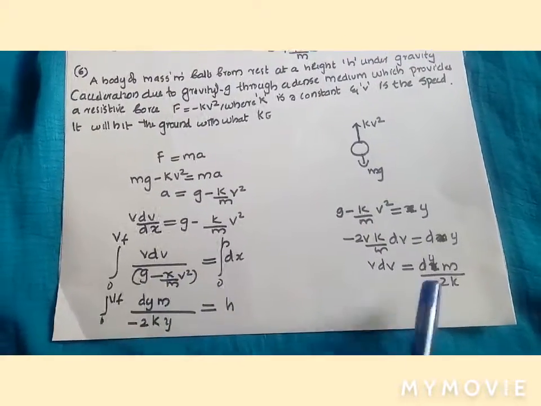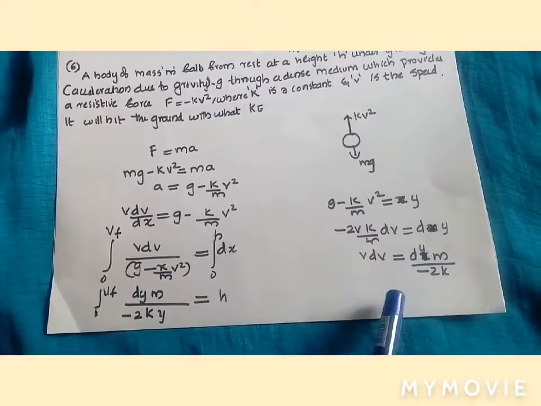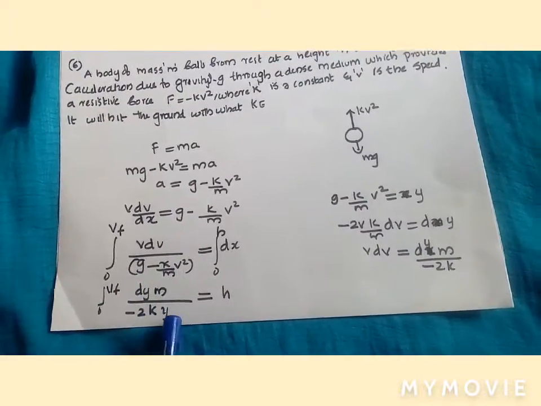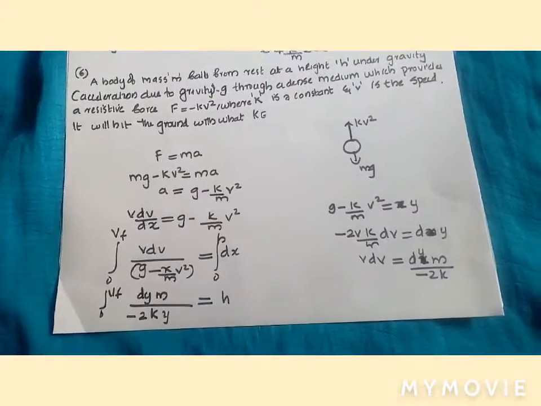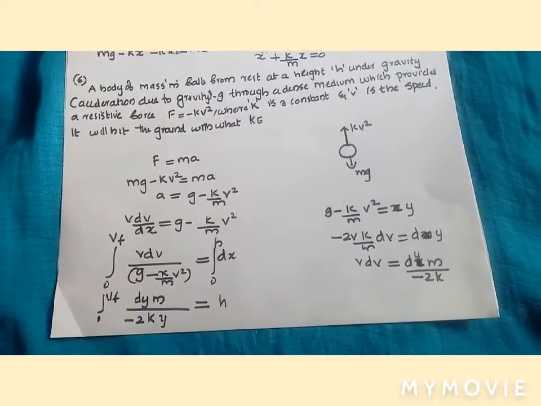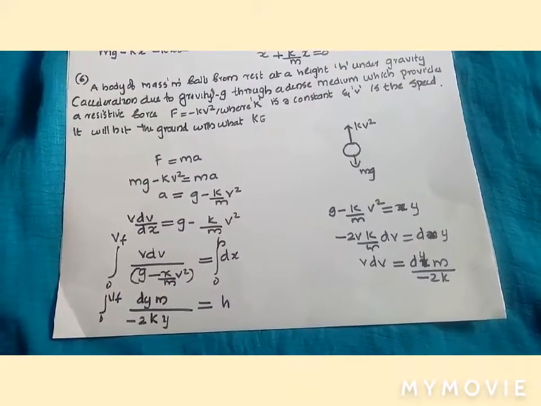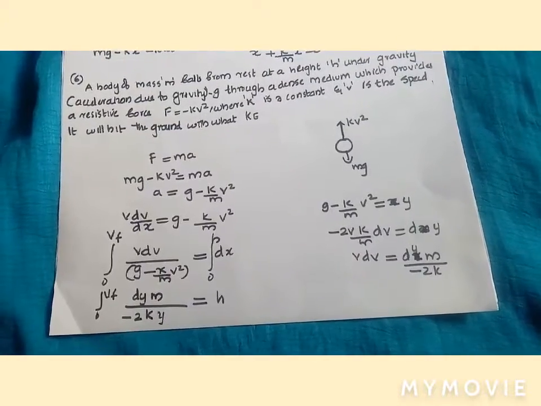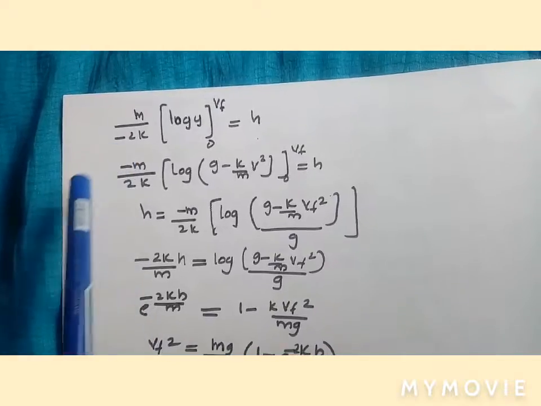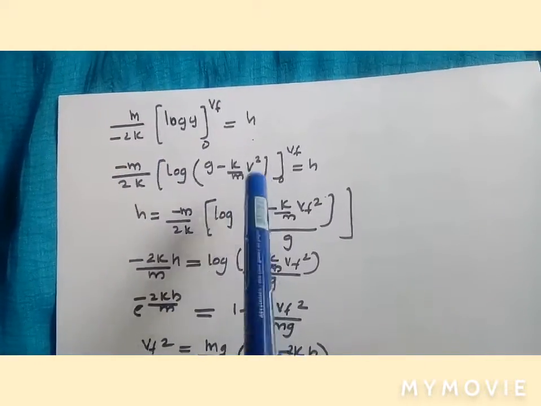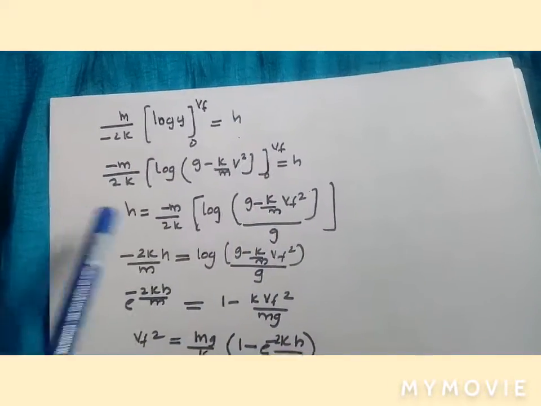We know that v dv is equal to dy m by minus 2k, and this is y. Substitute this and integrate, we get h. dy by y, that is we know that the integral of 1 by x with respect to x is log x, here log y. Here m by minus 2k into log y from 0 to vf is equal to h.